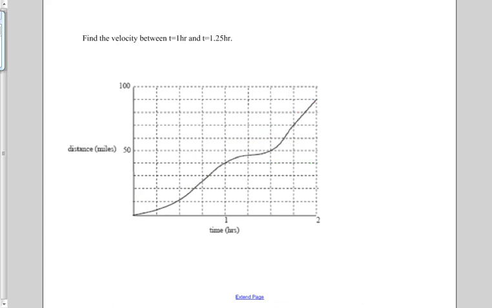Okay, now we're finding the average velocity between 1 and 1.25 hours. Again, further shrinking the time between the 2 points. So, draw a secant line and get the point. So we've got the point 1.25.